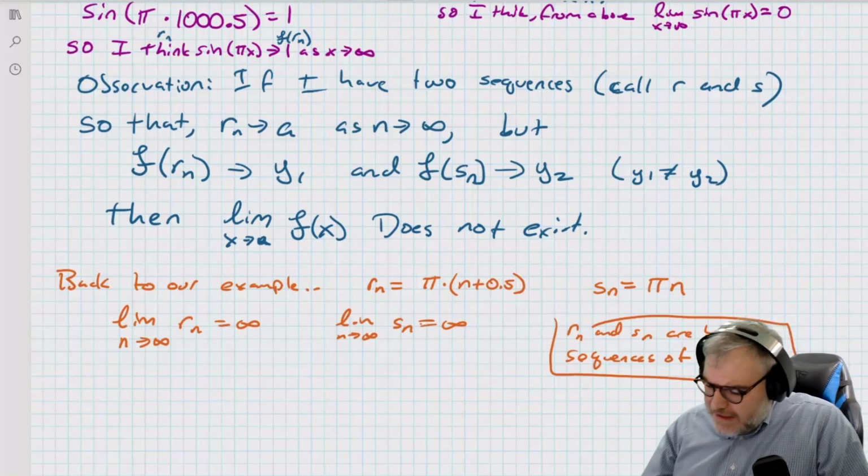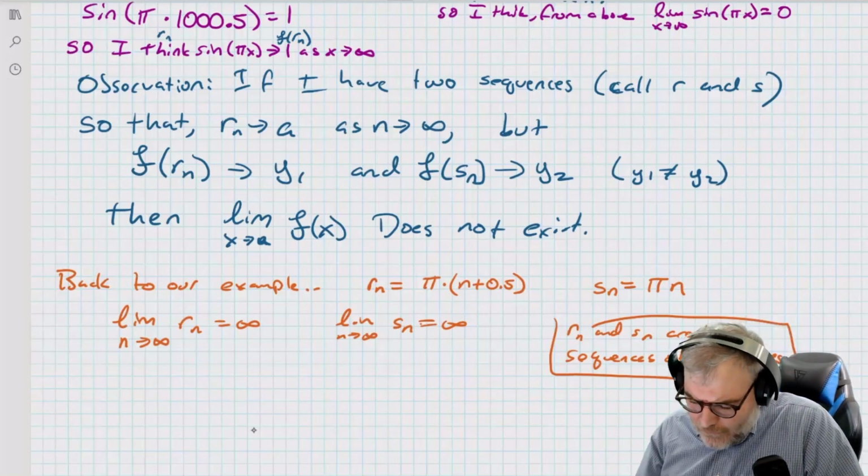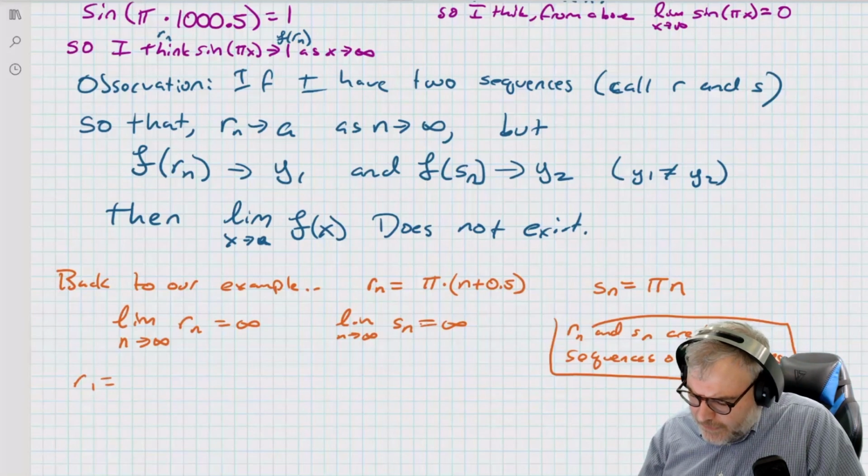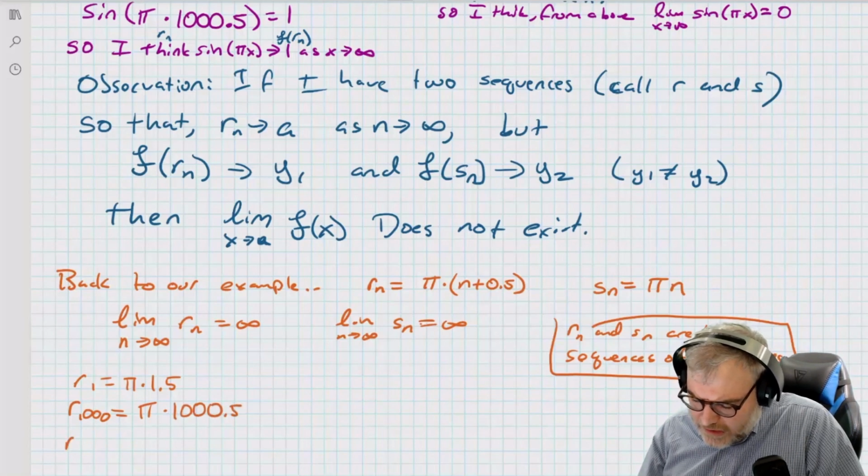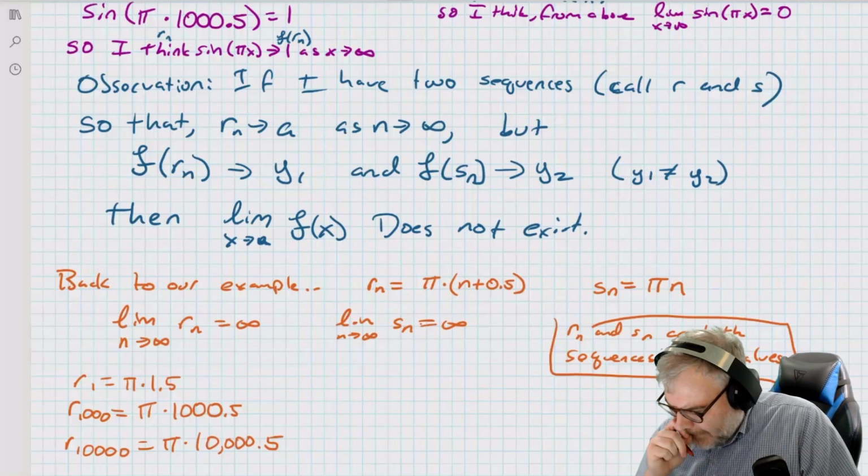Okay? Right? This one here, so R1 equaled pi times 1.5. R1000 equaled pi times 1000.5. R10,000 equaled pi times 10,000.5, right?